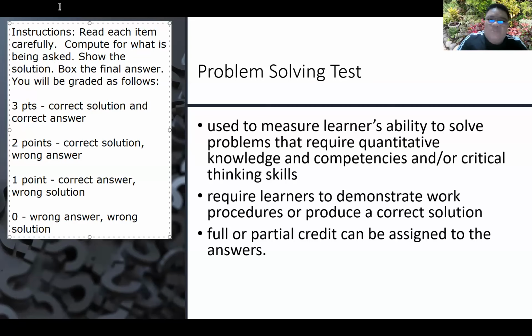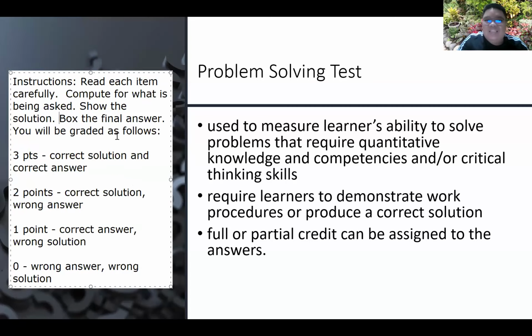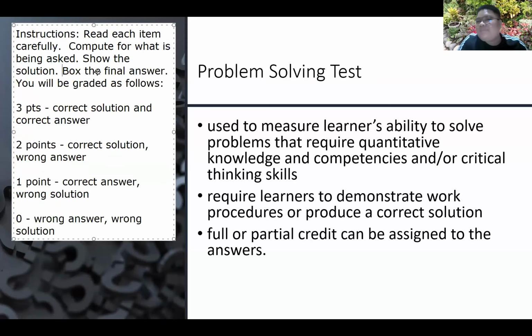That way, the student will be able to understand na dapat sinusulat ko talagang formula. Hindi pwede na dediretso na lang ako. For example, in chemistry, in physics, di ba force is equal to mass times acceleration. So you would want them to write the formula first before they proceed with the substitution. Okay? So kindly remember that. So we can do this in a problem-solving exam.